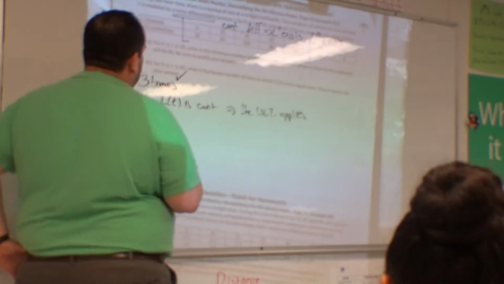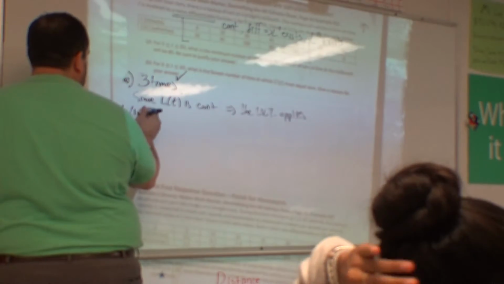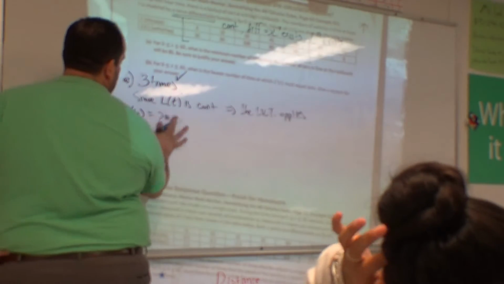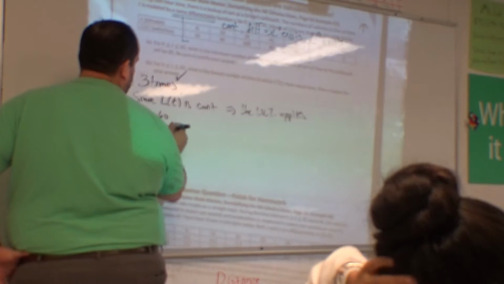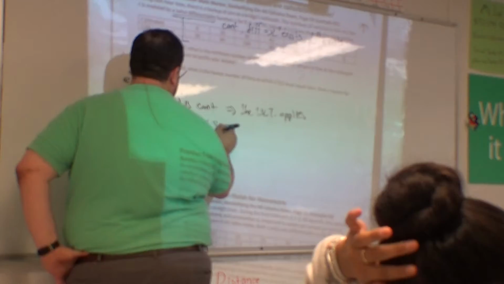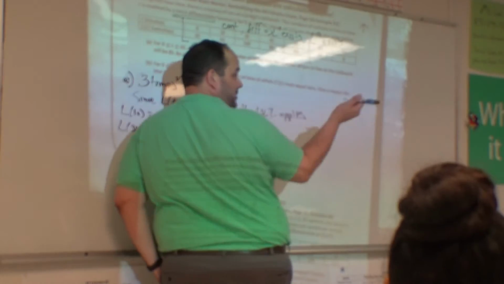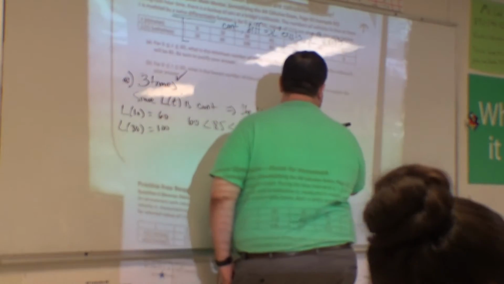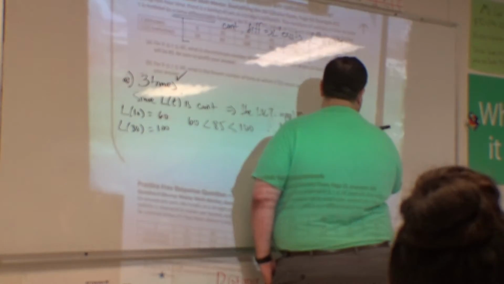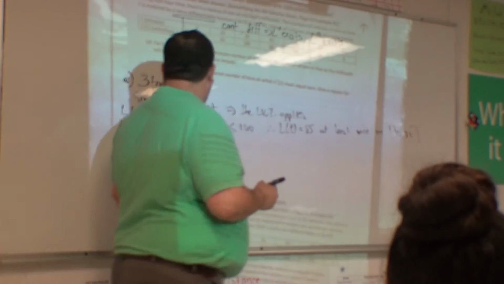Now, Jose, what was the first interval that we said? 10 and 30. So I'd say something like L of 10 equals 60, and L of 30 is equal to 100. And then I'd make a statement without lying: 85 is between 60 and 100. Therefore, L of t equals 85 at least once on the interval 10, 30.